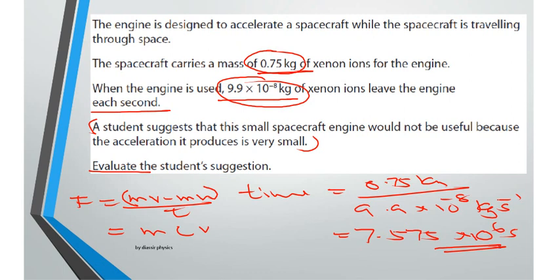Now, talking about acceleration, acceleration is (v minus u) over t. So when t is much longer, the acceleration is small, and there will be a large change in velocity.